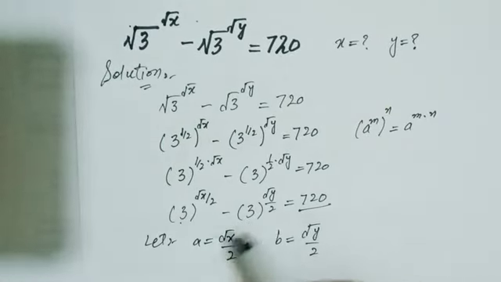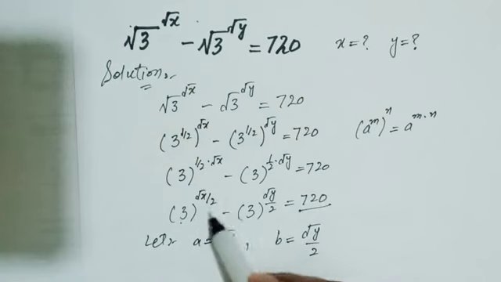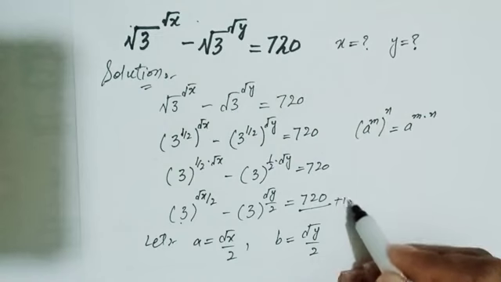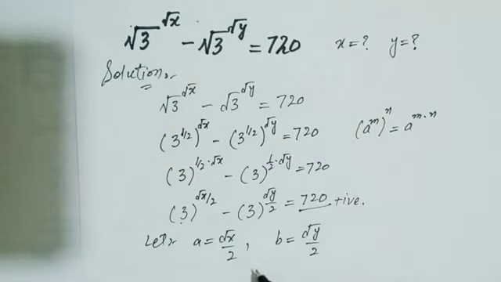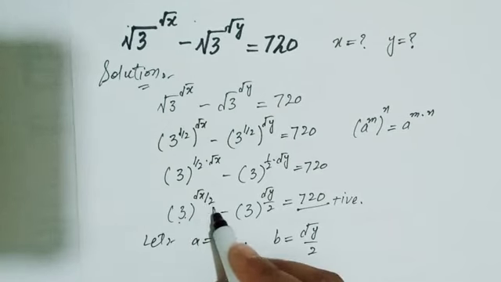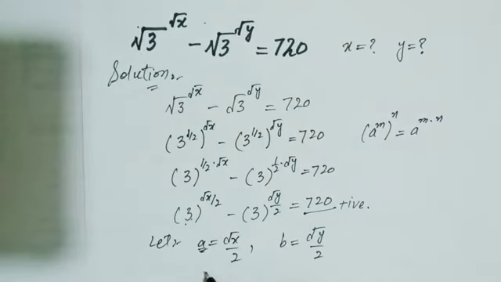So these two bases are the same. So where is the change? The change must be in the powers. As the answer is positive, this implies that a, the power of this number, that is square root x by 2, must be greater than b.